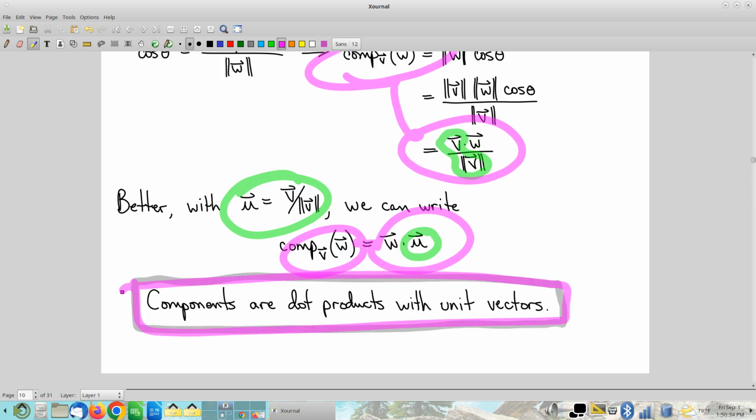By this pithy little phrase: components are dot products with unit vectors. Rolls off the tongue really nicely. If you want to compute the component of a vector W, great. Take that vector W, dot it with the unit vector pointing in the direction that you care about. Everybody happy? All right.